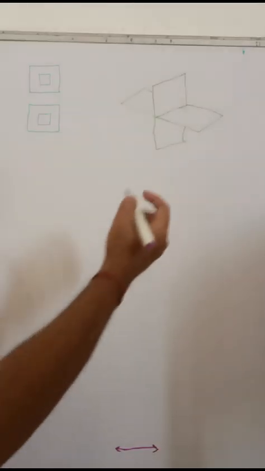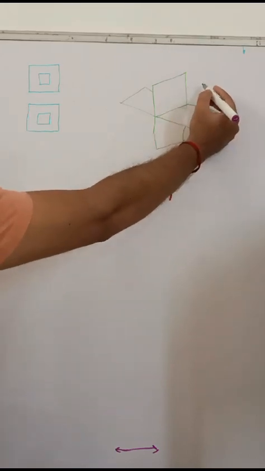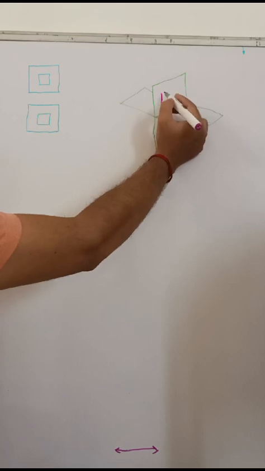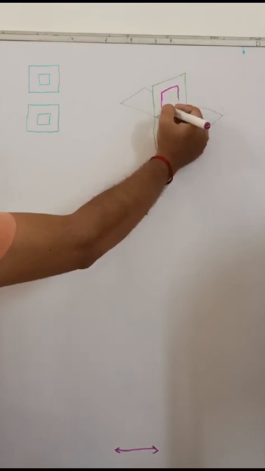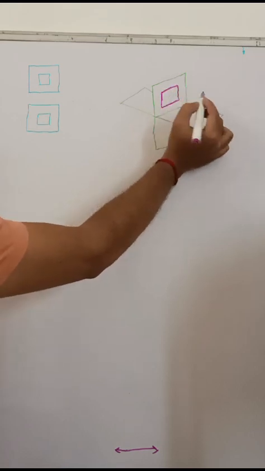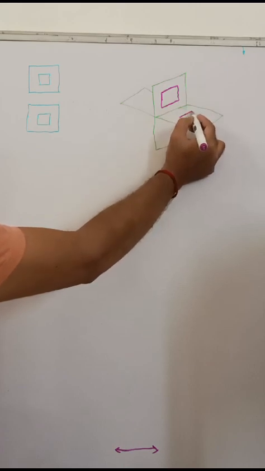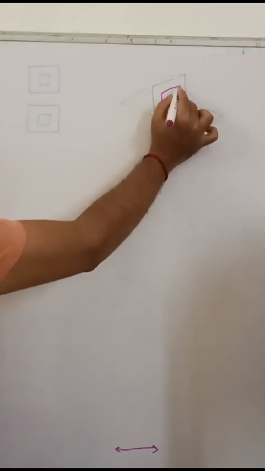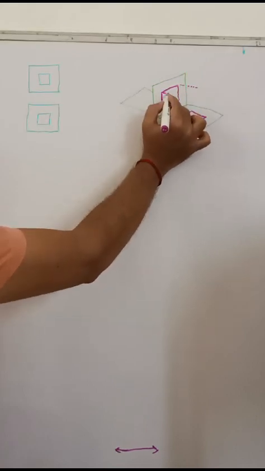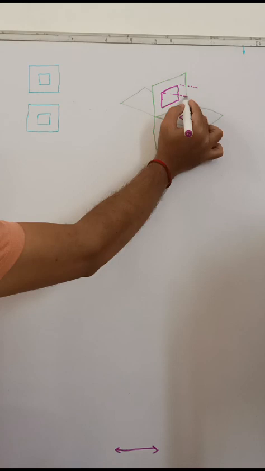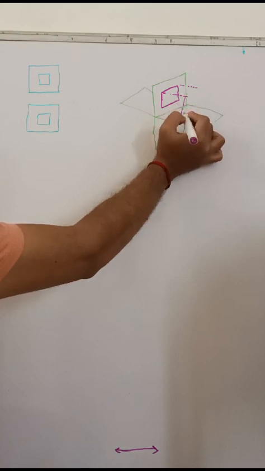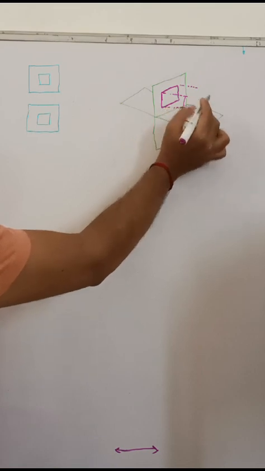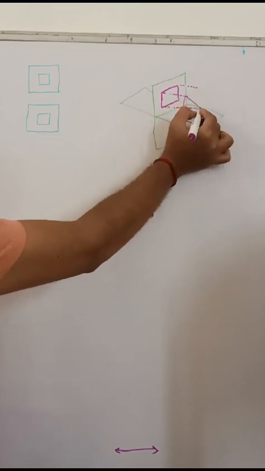Let's say this is the front view. If you take projection of these views, it will have an object like this.